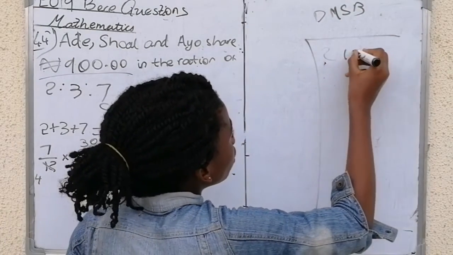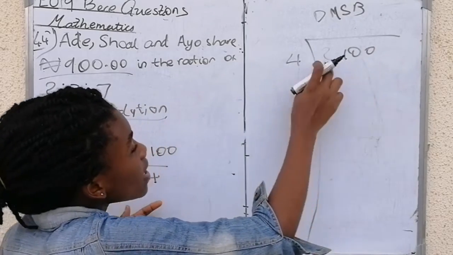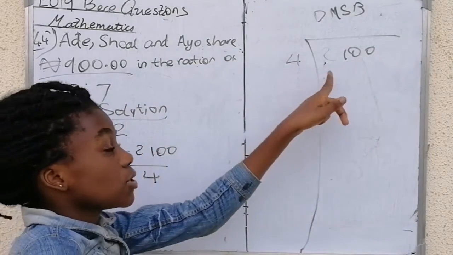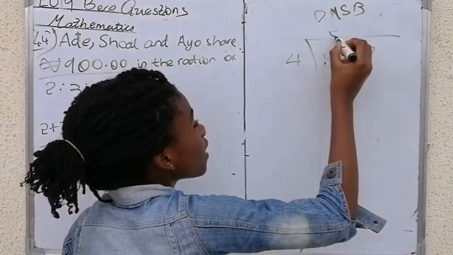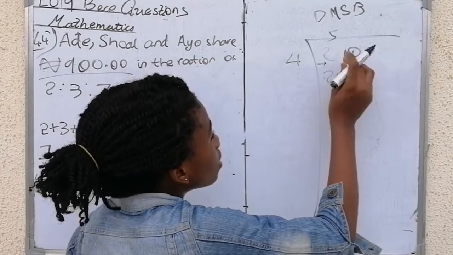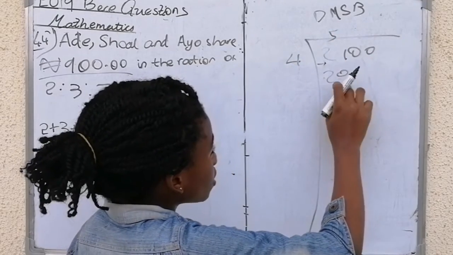So 2100 divided by 4. 21 divided by 4, because 2 cannot be divided by 4, so we take 21. 21 divided by 4 is 5. 5 times 4 is 20.